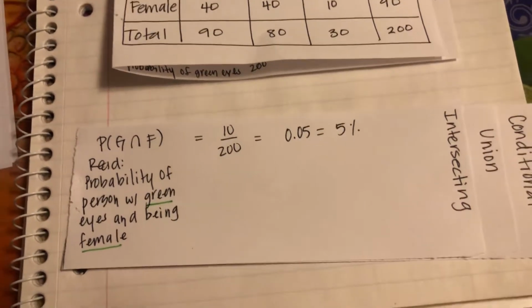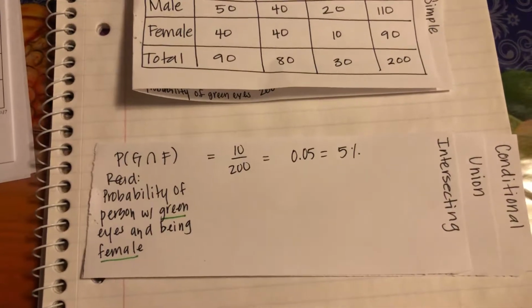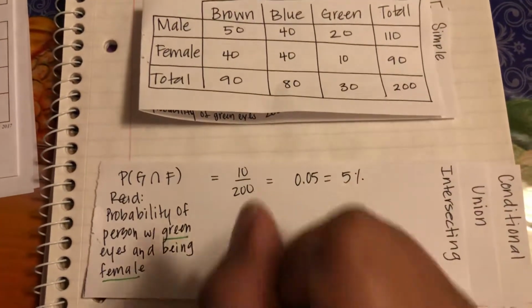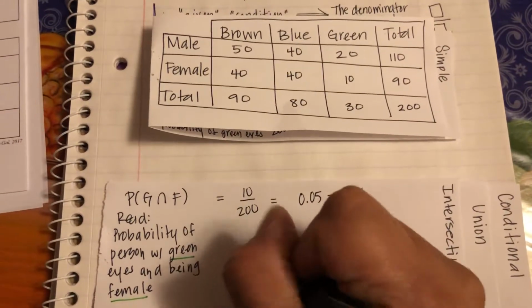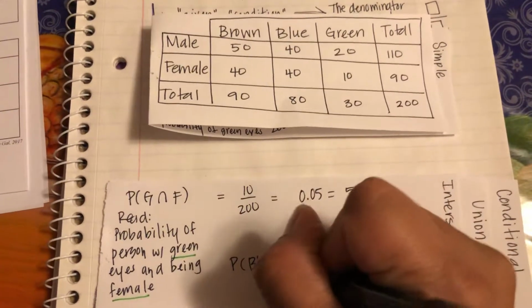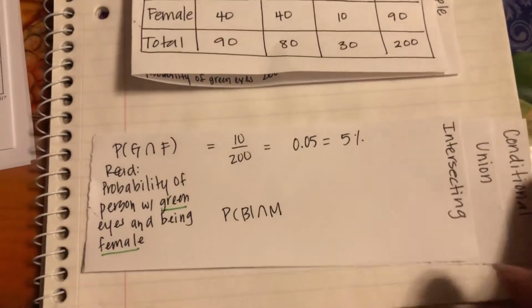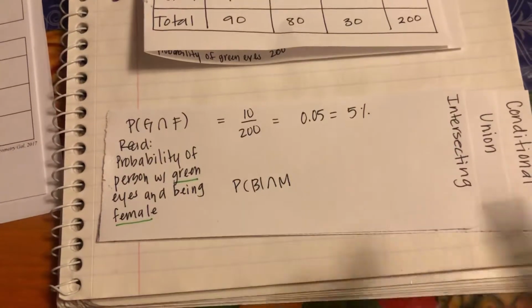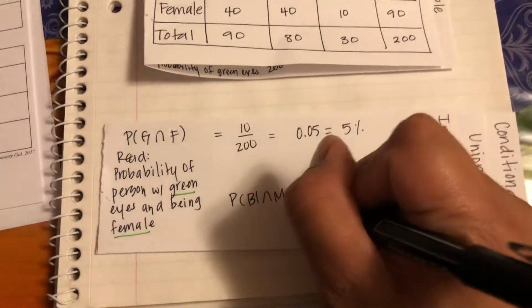Okay, let's do just one other small example down here. It's going to say the probability of blue eyes and male. I put BL for blue because we have brown and we have blue. So BL is blue, and we can say BR will be brown.